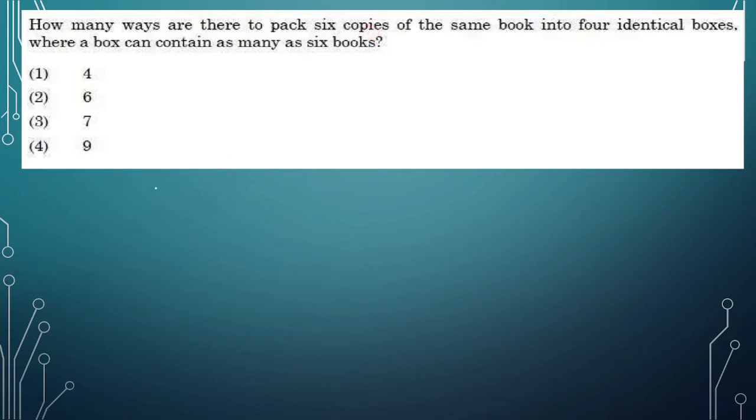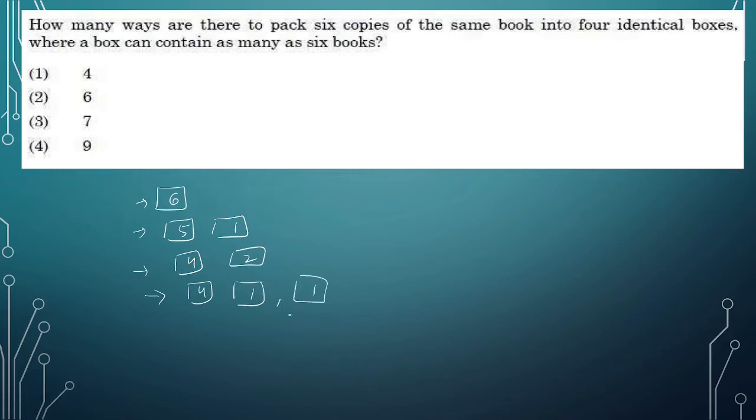So let's see. Say for example, I can put either all 6 of the books in one box only, or I can put 5 books in one box and 1 book in another box, right? Or it may be 4 books in one box, 2 books in another box. There are 4 boxes and 6 books, so I can do that way as well. Or it can be, say, 4 books in one box, 1 book in one and 1 in the third box.